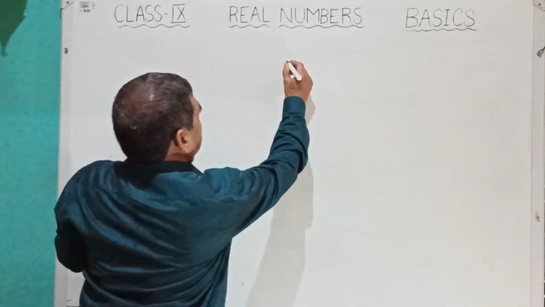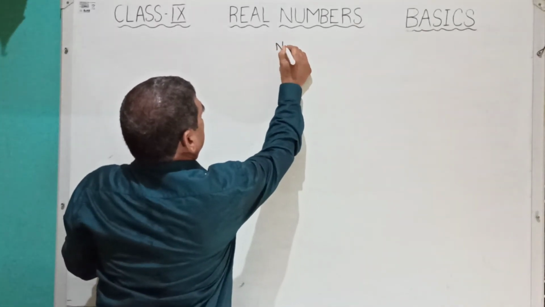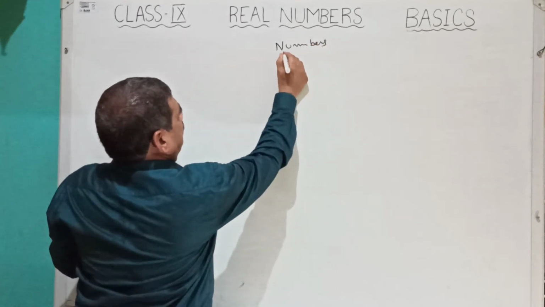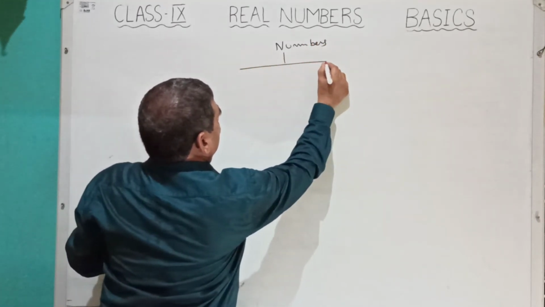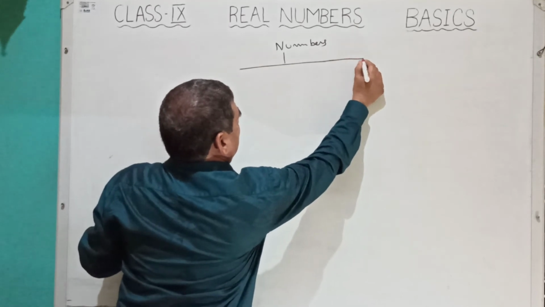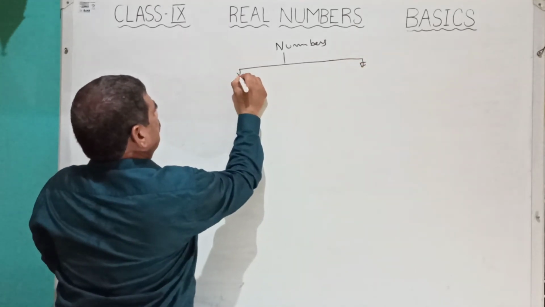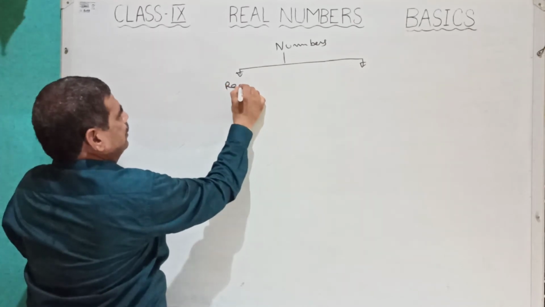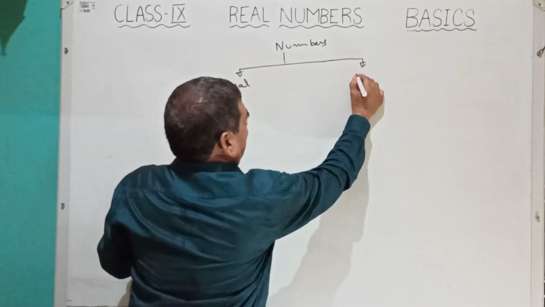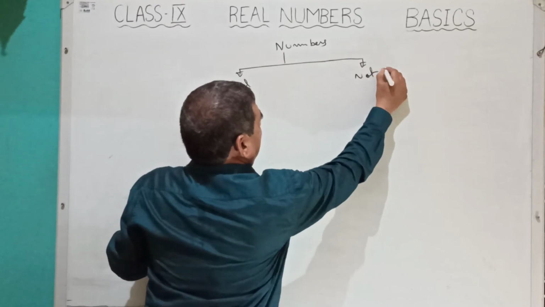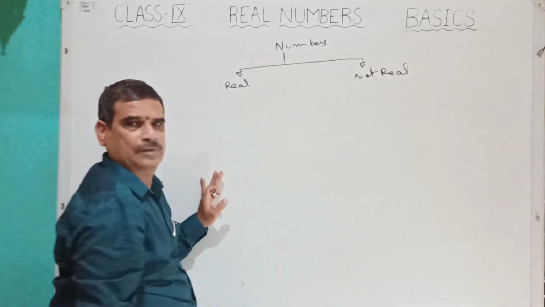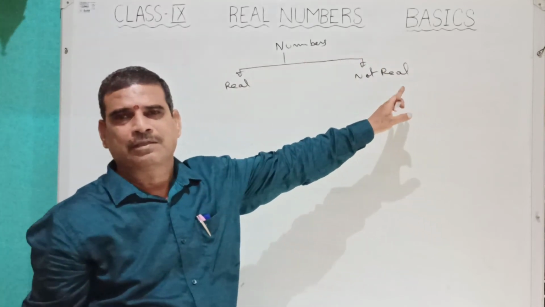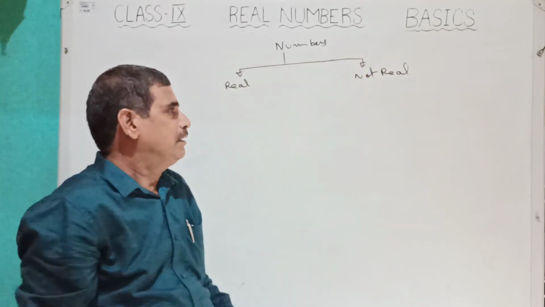So first, numbers. Numbers can be divided into two models. One is real numbers and another is not real. Numbers are two types, real and not real. What is not real?